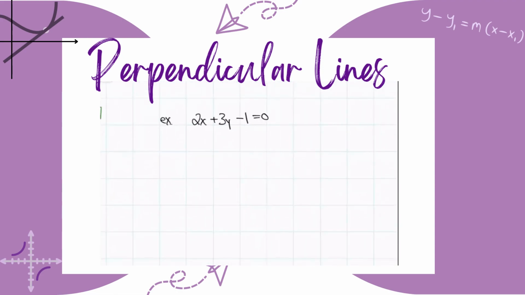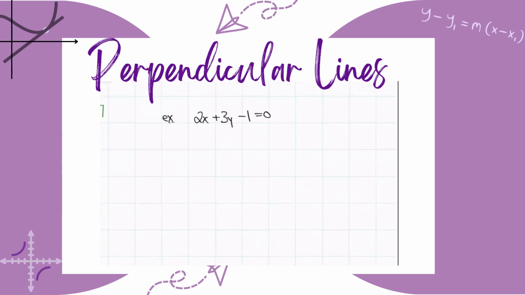So over here, we have to take the 2x and the -1 to the other side because we're trying to isolate for the y. So that gives us 3y equals -2x plus 1. Then we're going to take the 3 to the other side, which means we have to divide every single term by 3.